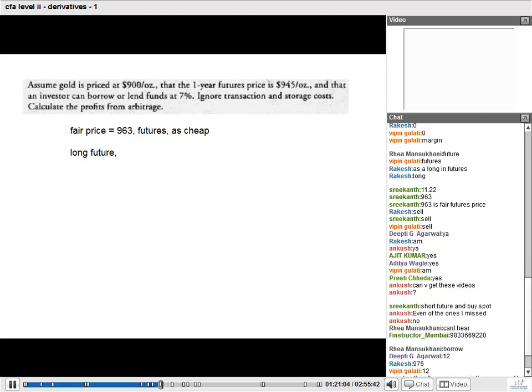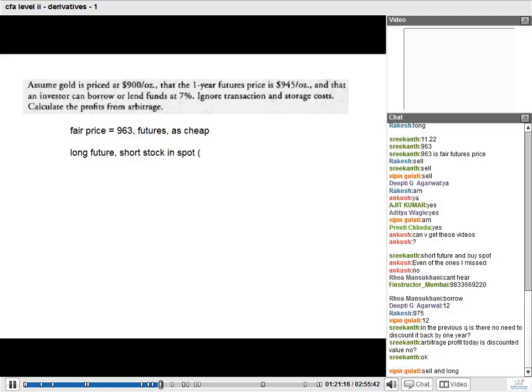How will you get the $945? By shorting the stock today. So short the stock in the spot. It will give you $900 because the current price is $900, and invest that money in a bank.